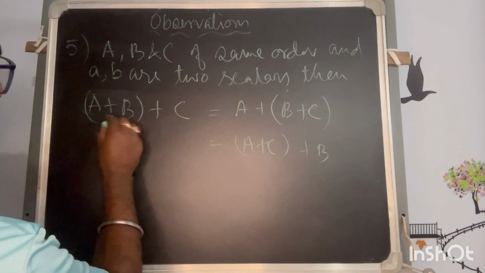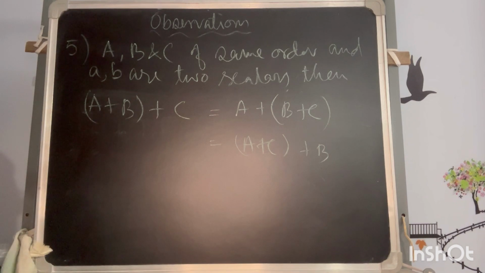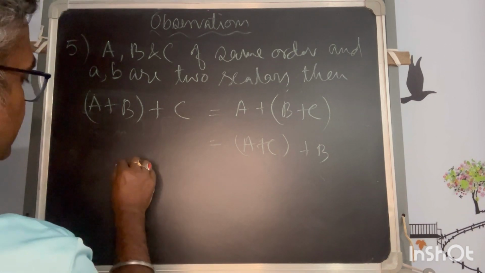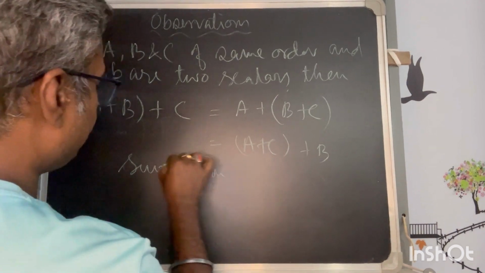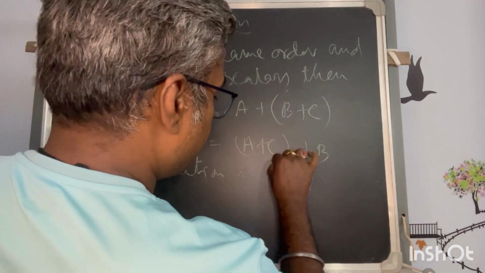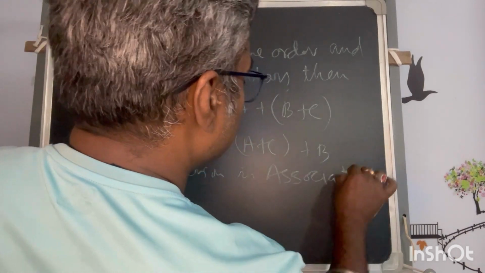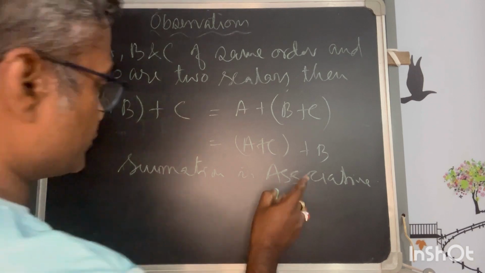It means it can be associated with any of the matrices to start with, but the result won't change. So summation is commutative and associative.